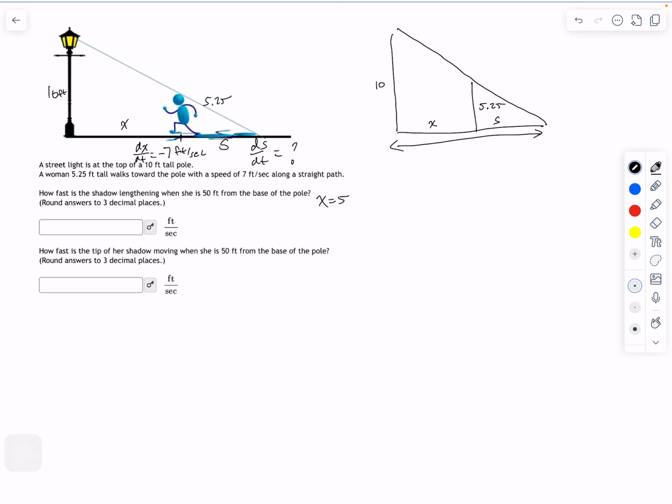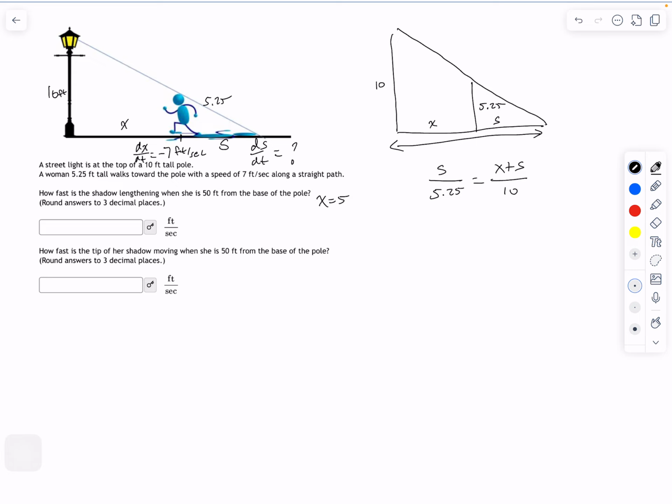The large triangle's base in relationship to the small side s is going to be x plus s. So we write a ratio: s over 5.25 for our small triangle, and our big triangle is x plus s over 10.